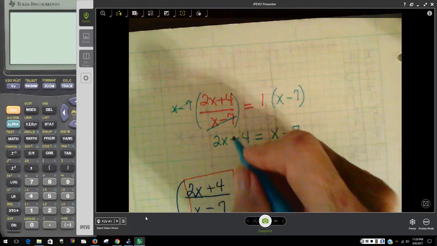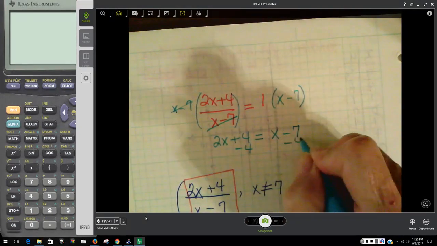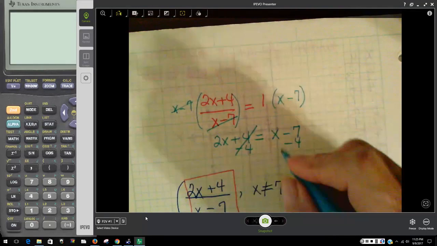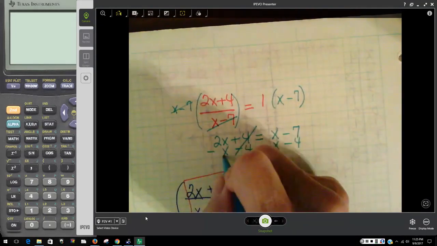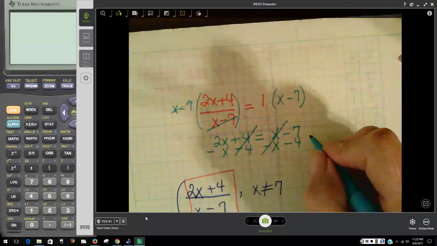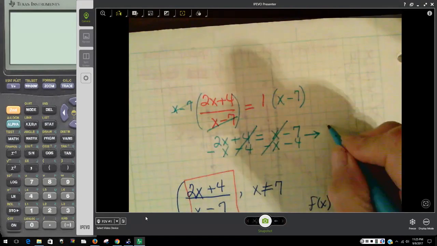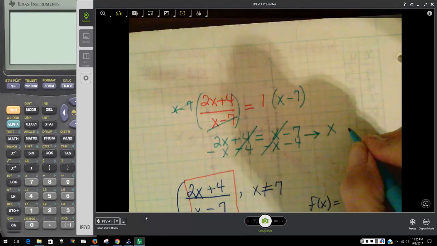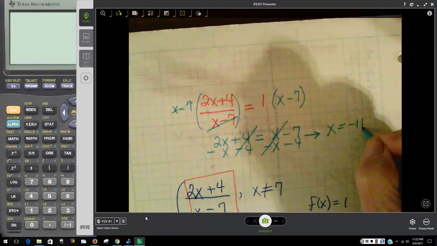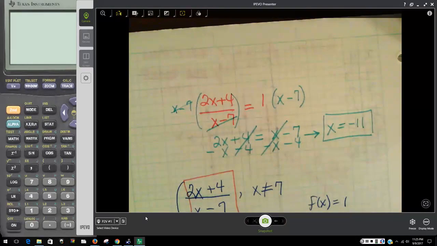So we will subtract 4 from both sides, and we will subtract x from both sides, which leaves us with 2x minus x is x, and negative 7 minus 4 is negative 11. So f of x is equal to 1 when x equals negative 11.